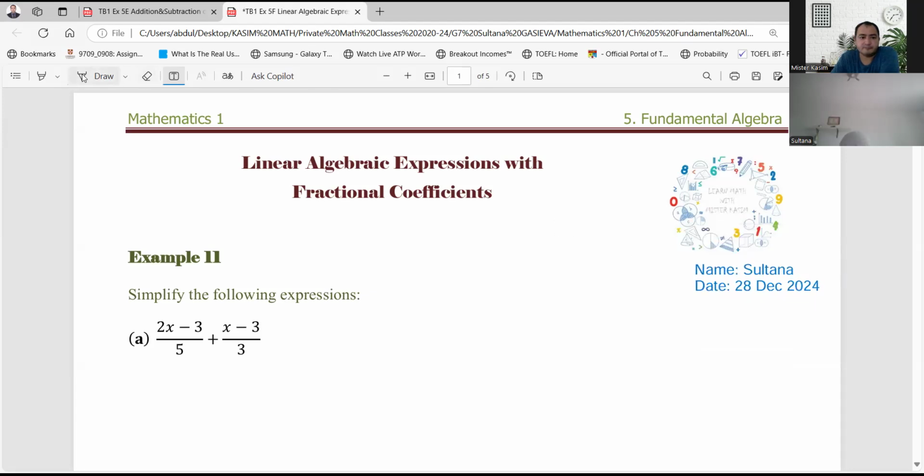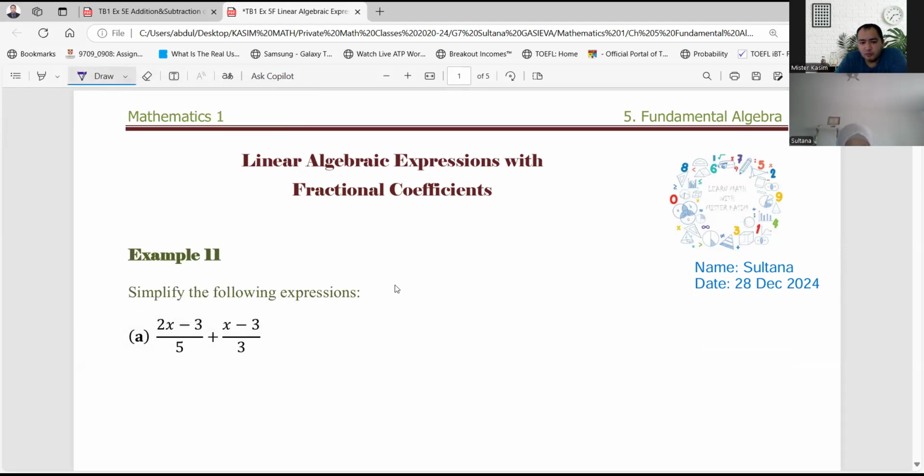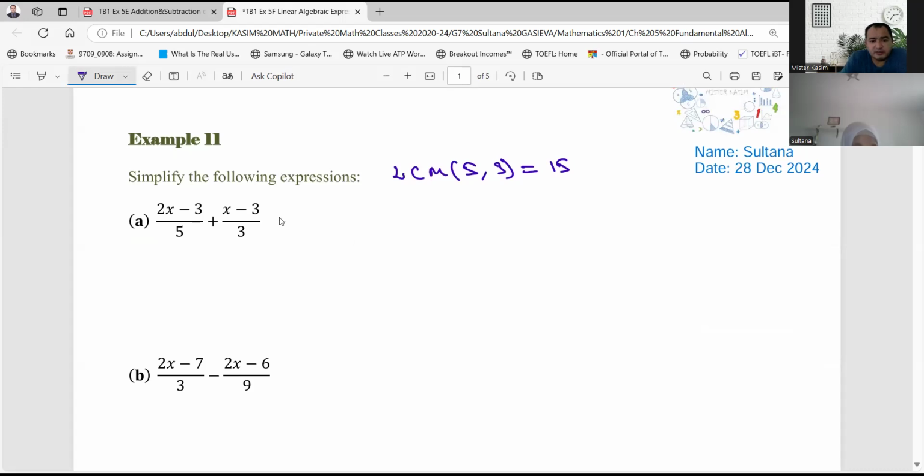So Sultana, look, can you tell me what is the least common multiple of 5 and 3? 15. If both numbers are prime numbers, just multiply them. The smallest number divisible by 5 and 3 is 15. So that means the common denominator of these fractions is 15.